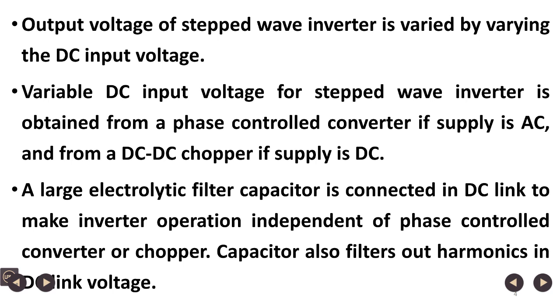Frequency is varied by varying the turn on duration of each switch, and the output voltage of the stepped wave inverter is varied by varying the DC input voltage. So, obviously input voltage varies means output voltage varies.